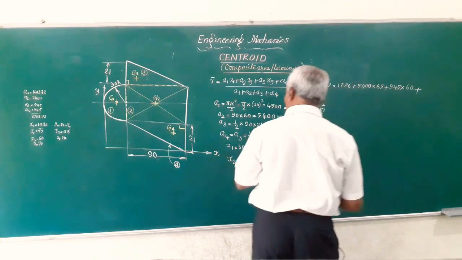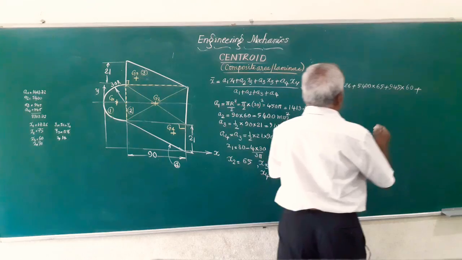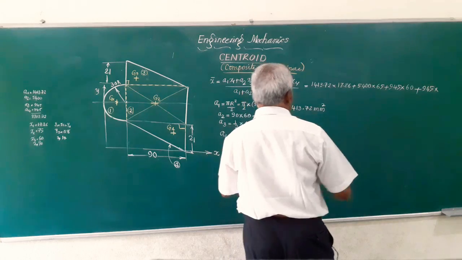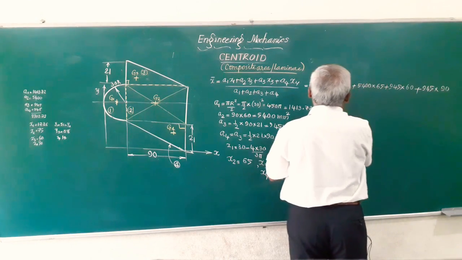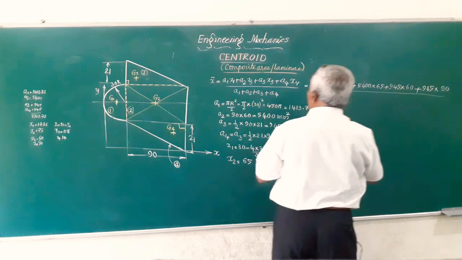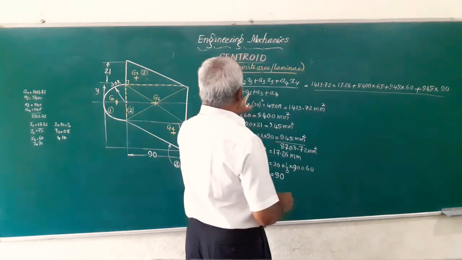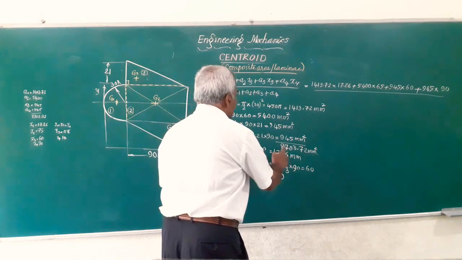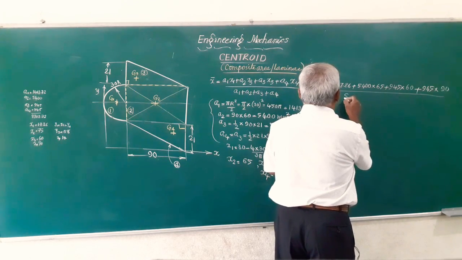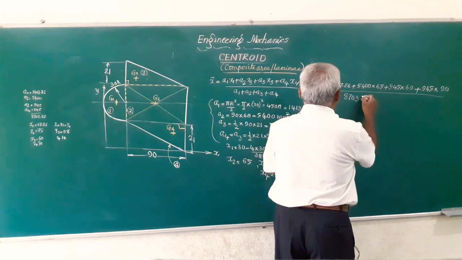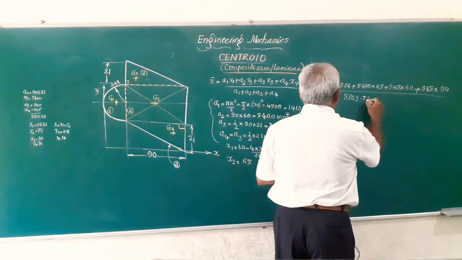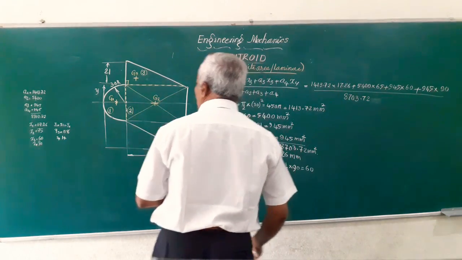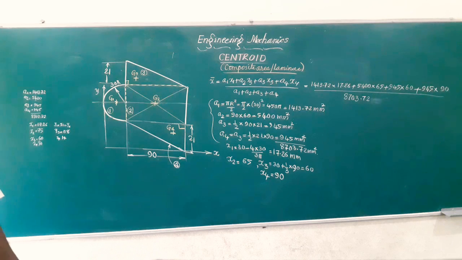Finally, area 4 is 945 again multiplied by the distance x4 is 90. The whole thing is to be divided by the total area, A1 plus A2 plus A3 plus A4, which we calculated as 8703.72 millimeters square.